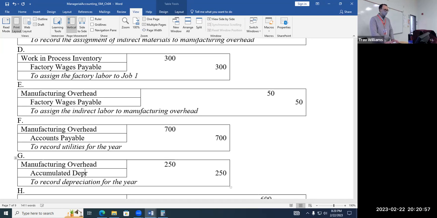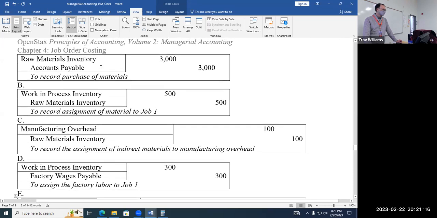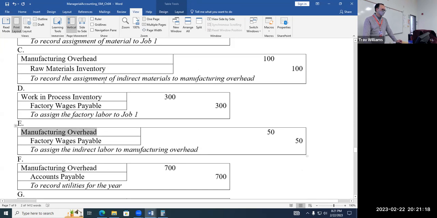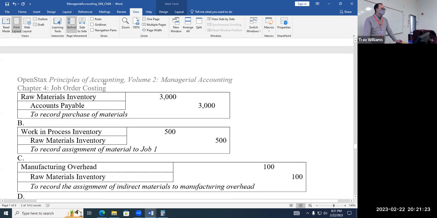Accumulated depreciation. It might be helpful just to remember everything that's not going into work in process inventory, going into manufacturing overhead. Except for that first purchase. Okay, then we go to H.